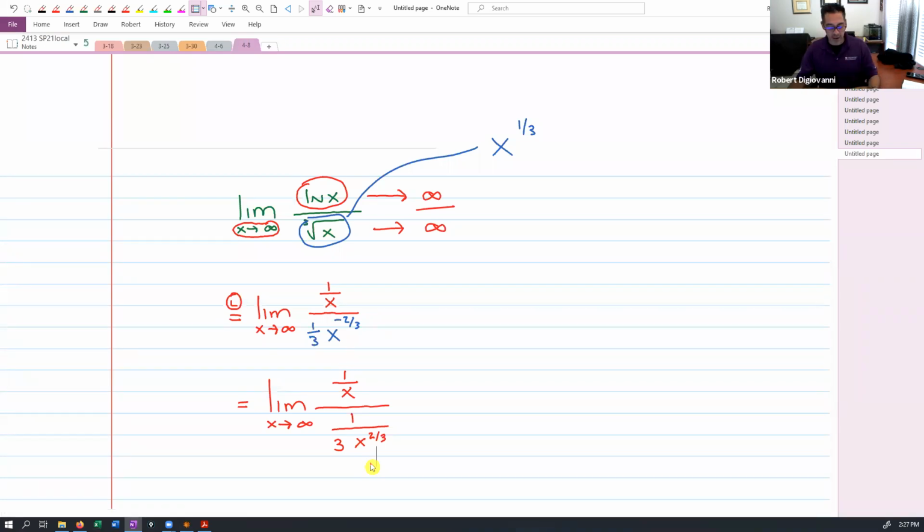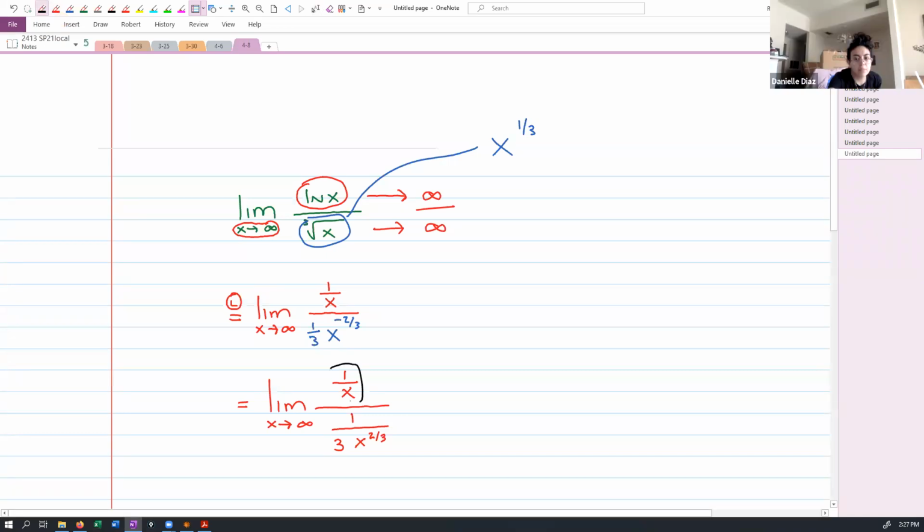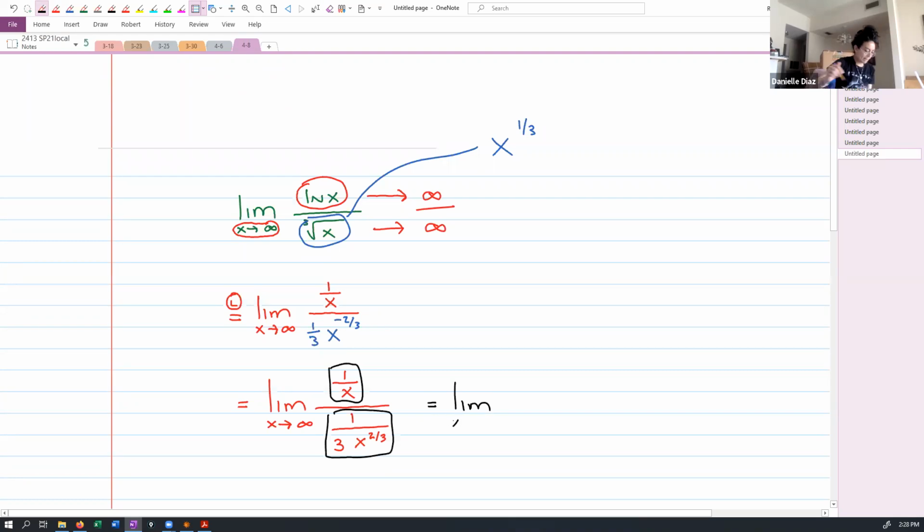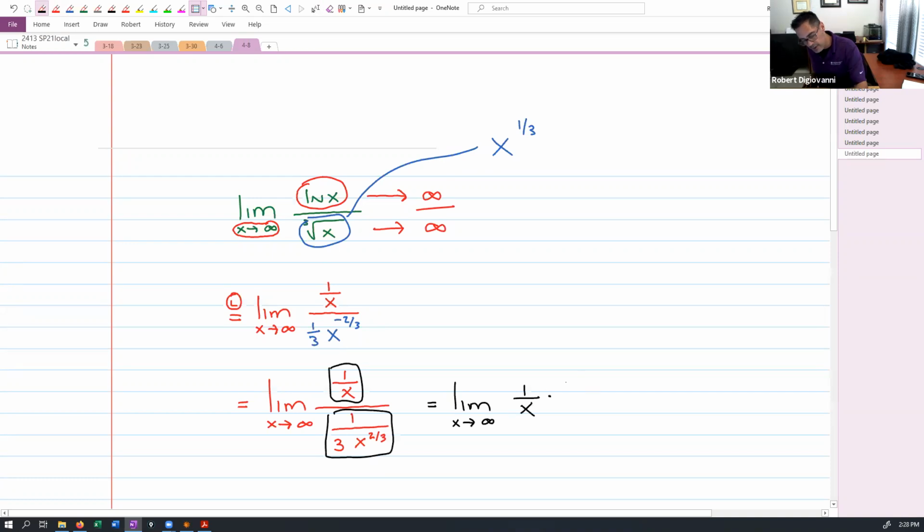Let's do some algebra here. We have a fraction divided by a fraction, right? So we can multiply by the reciprocal, can't we? So the limit as x goes to infinity is 1 over x times the reciprocal of the bottom. The top is 3x to the 2/3 over 1, like that.